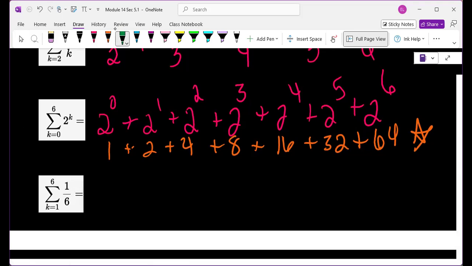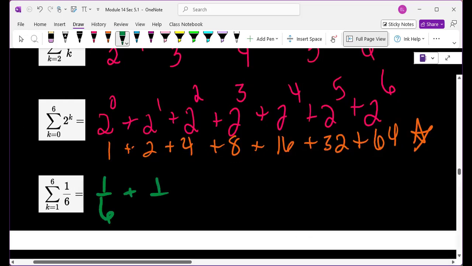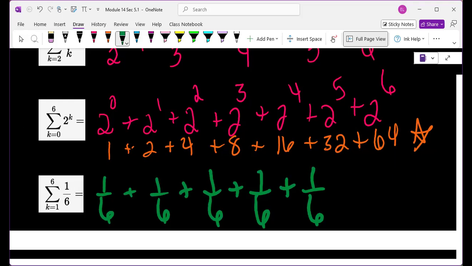All right, and then this last one's a little weird, because we're taking the sum from k equals 1 to 6 of 1/6. So we're going to do the process, but there's nowhere to write the k value, but we still use that k index to count our terms. So I would have 1/6 plus 1/6 plus, now my k is 3, now it's 4, now it's 5, and finally it's 6.